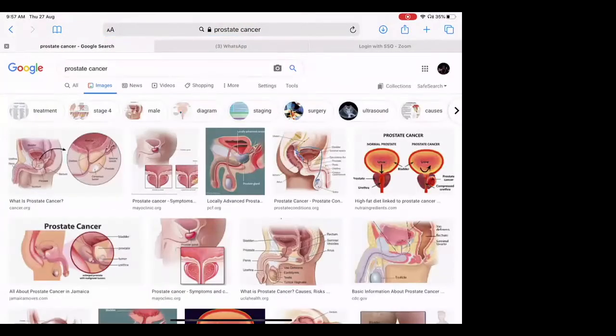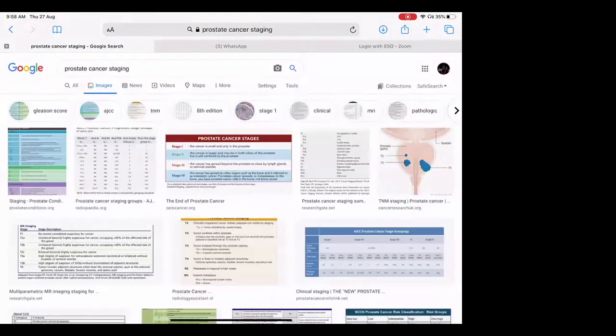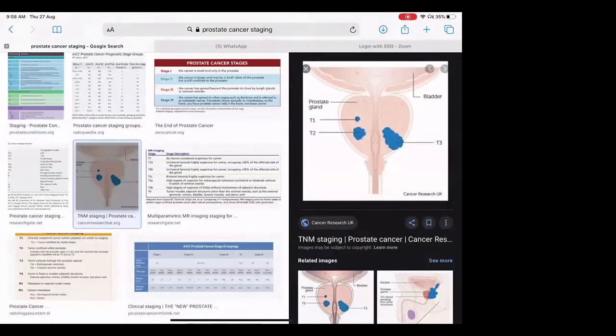Okay, staging. I will use prostate cancer as a staging model. I won't necessarily go through staging itself. Every time you see a histopathology report, there's this staging, there's AJCC, and there's TNM staging.